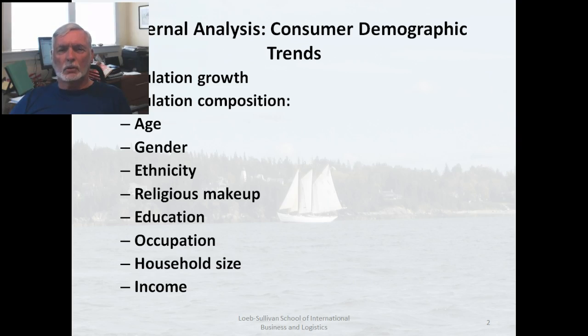So I think in the first chapter we talked a little bit about Mercedes-Benz and their positioning. What pieces would Mercedes-Benz be interested in in their target market composition? Well, they might well be looking at people with high income. They may well be looking at people with relatively high education, maybe small to medium-sized household size, people with professional occupations.